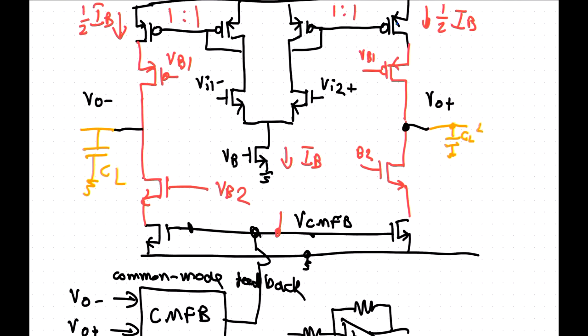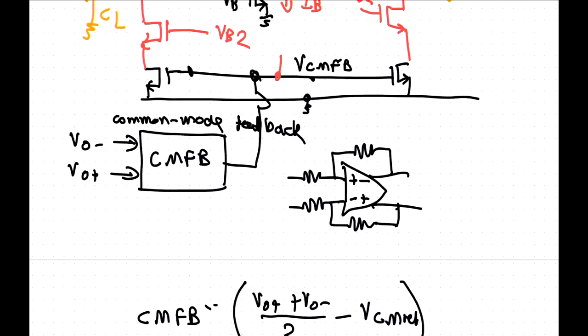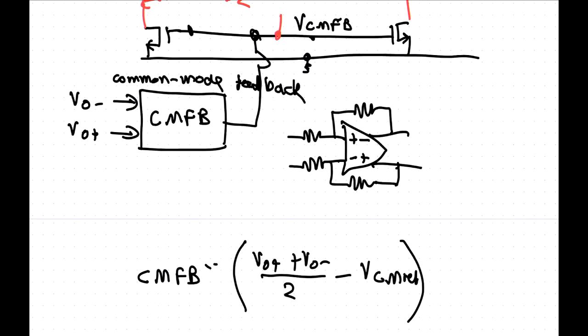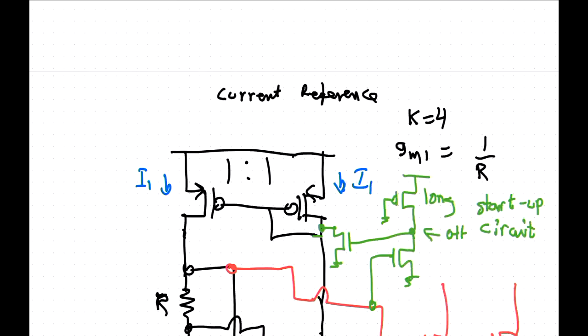So what you do is you measure the average of the two outputs, and if the average is not the target value mid-rail, then you adjust the common mode feedback voltage there, so you bring it back into the rail, because the common mode feedback is not normally part of your feedback structure. We looked at a couple of different common mode feedback circuits.